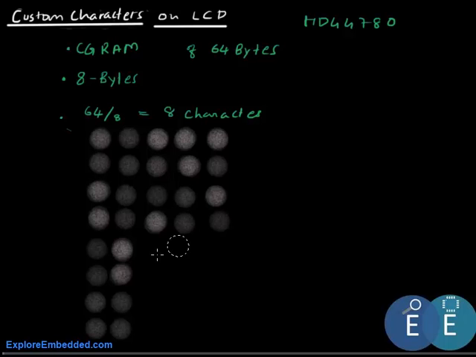So as you could see, there are 8 rows and each row corresponds to a byte.